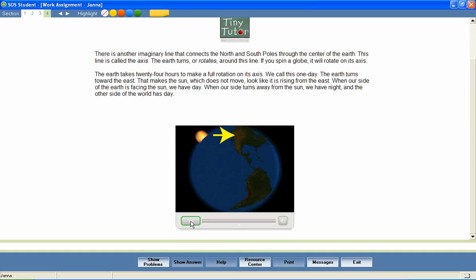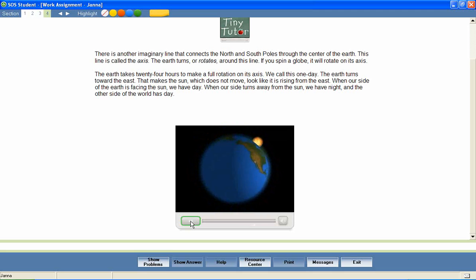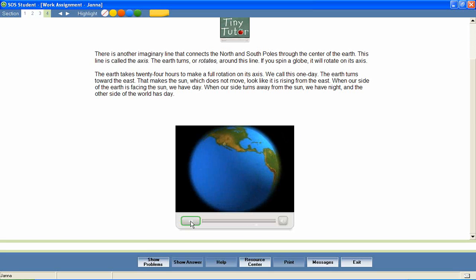And now it's night here at Alpha Omega, and I haven't moved from my spot. But now I'm on the side of the Earth opposite the sun. It's dark on this side of the Earth, but on the other side where the sun is shining, it's daytime. And as the earth continues to spin, my spot moves back into the sun's light, making it look like the sun is rising in the east. And now it's another day. It's 8 in the morning, and the sun is shining brightly once again. 8 o'clock? Uh-oh, I've got to get to work. Bye.